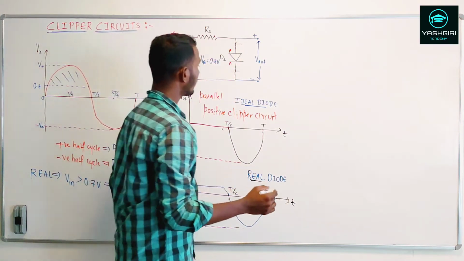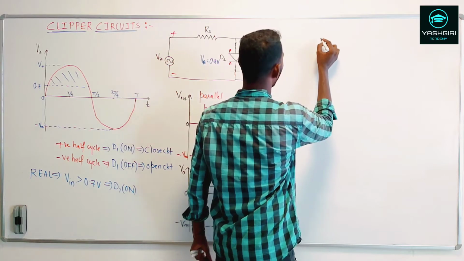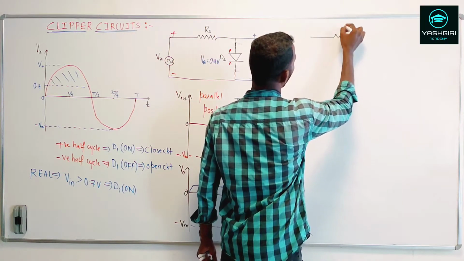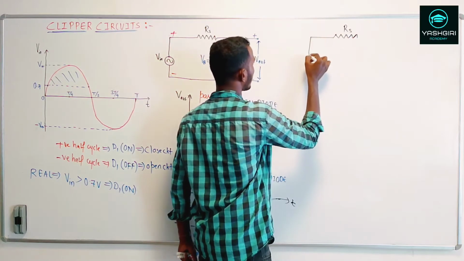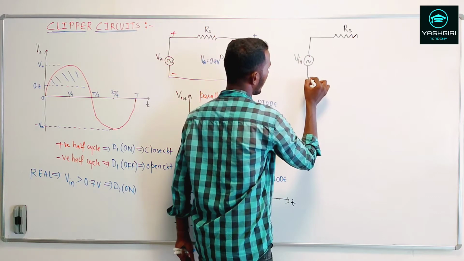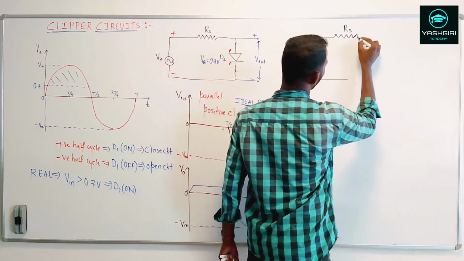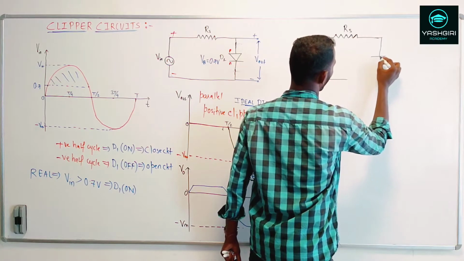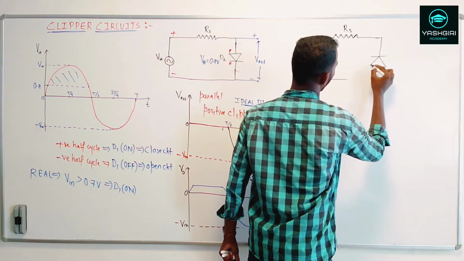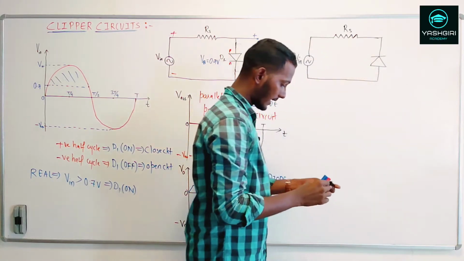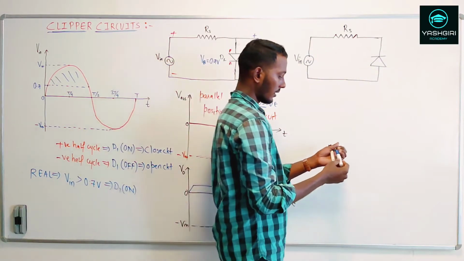So here again I'm going to take the same circuit. Let this be my series resistance RS. So this is my Vin, again the same AC signals, and this time I'm going to give this to the diode, which will be just upside down if you compare it with the previous circuit. And the output again I'm going to measure across this diode.